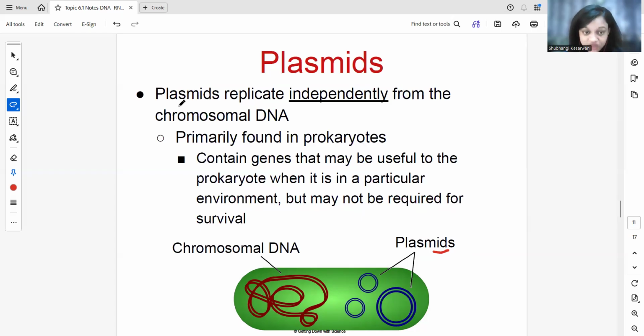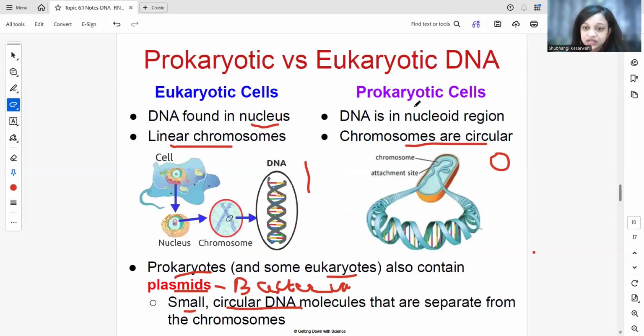As you can see on the screen, the plasmid replicates independently. See, this is the chromosomal DNA, which is in circular form. Just now we got to know that the chromosomes in prokaryotes are in circular form, but in eukaryotes, we are eukaryotes, all the mammals and all, our chromosomes are in linear form, not in circular form. Always remember that.